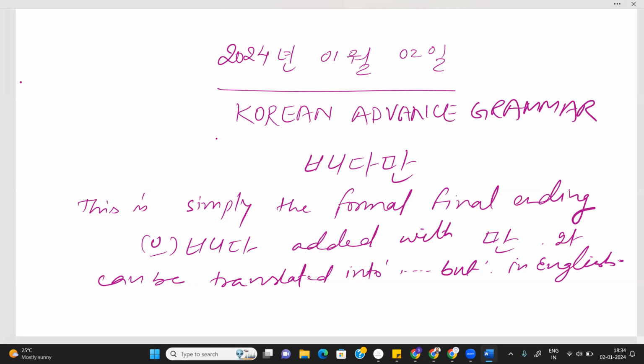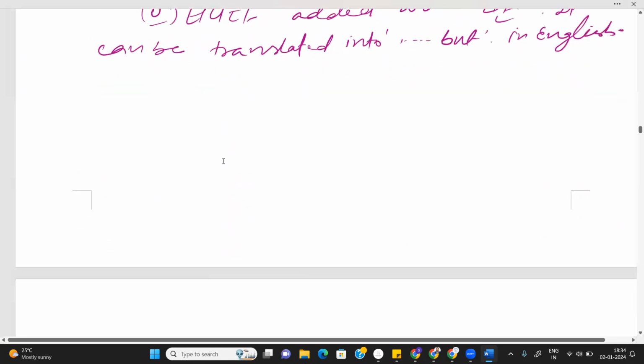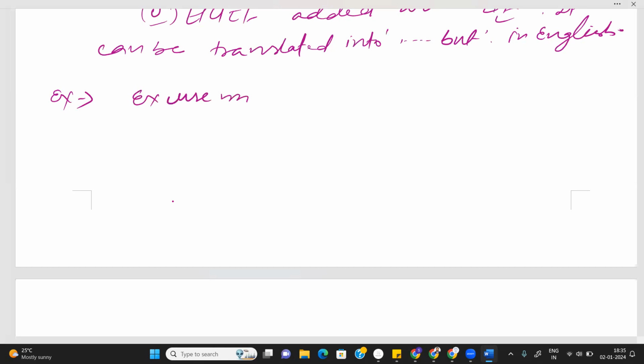Okay. Let's learn two examples of this pattern, how we use this pattern while making Korean sentences. First example: excuse me, but this is my seat.